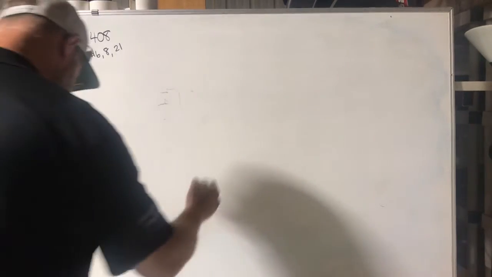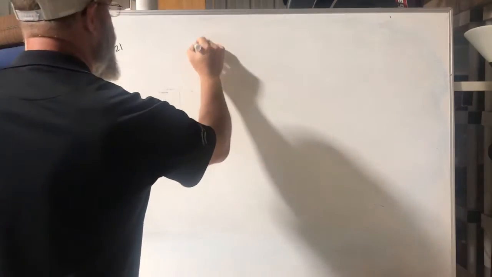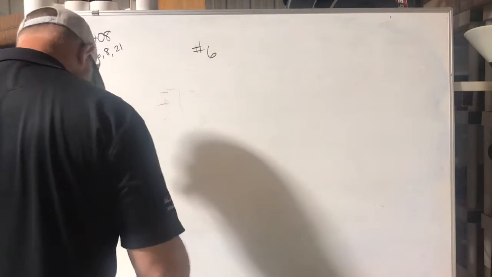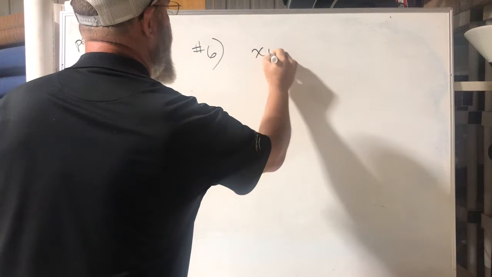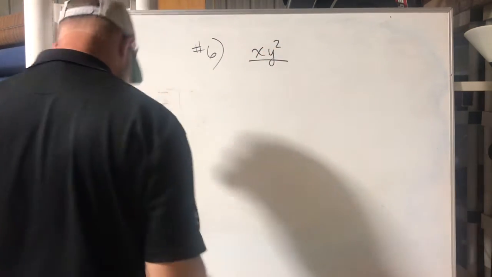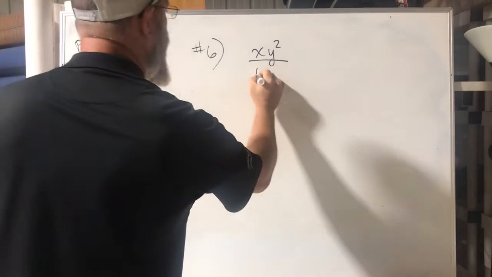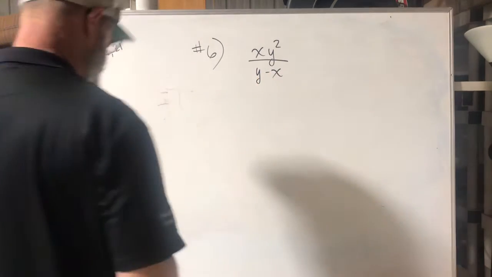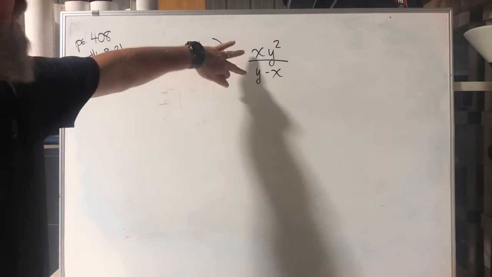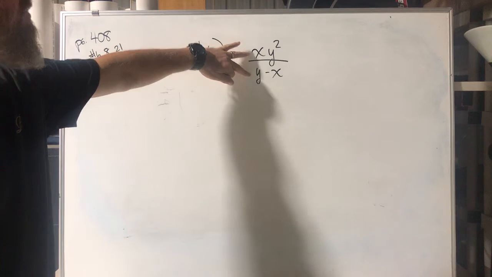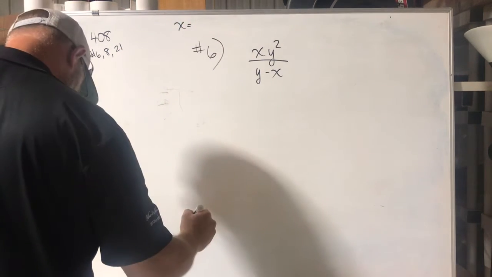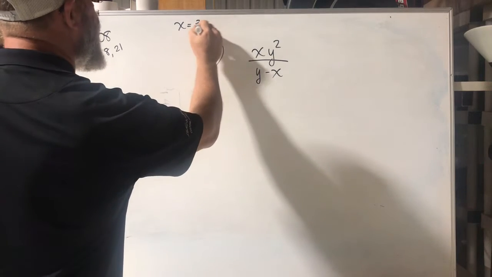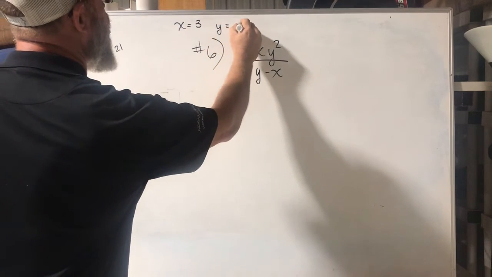So in number 6, we've got x times y squared over y minus x. And all we're supposed to do is evaluate this rational expression where x equals 3 and y equals negative 2.